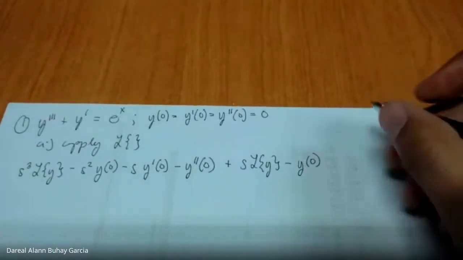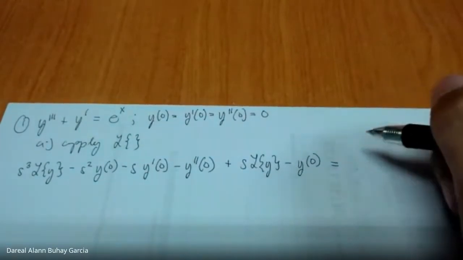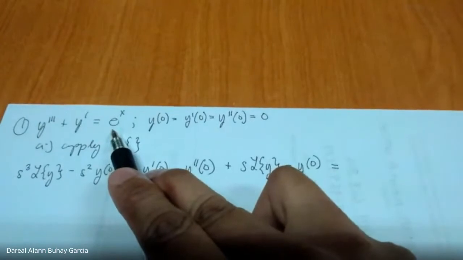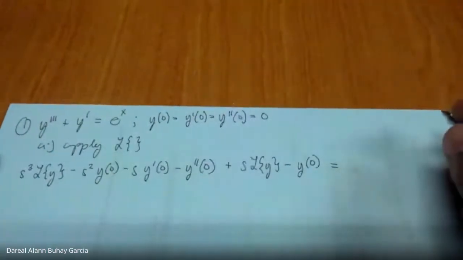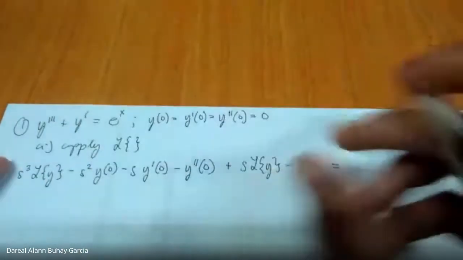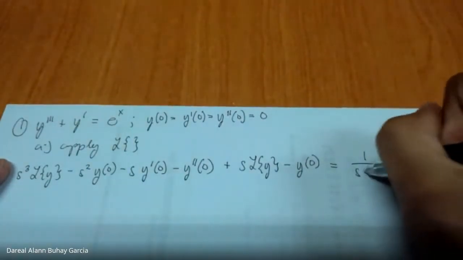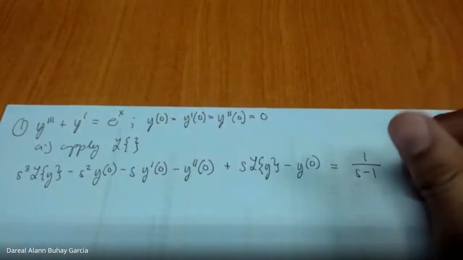Is equal to the Laplace of e to the power of x, where a is 1, so 1 over s minus 1.